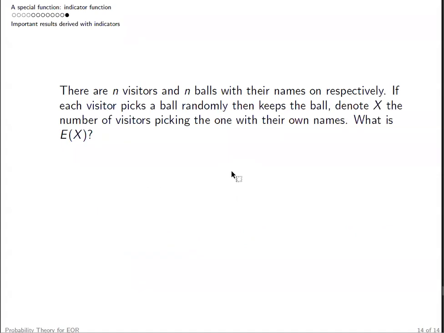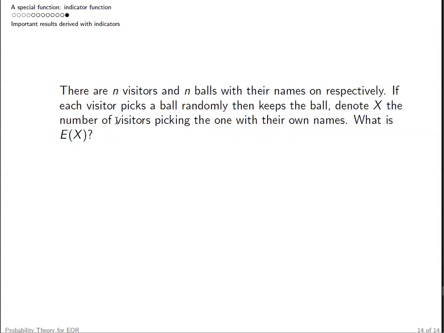So let's consider this challenge. There are n visitors and n different balls with their names on. If we let each visitor pick one ball randomly, and then they keep the ball, denote X the number of matches.